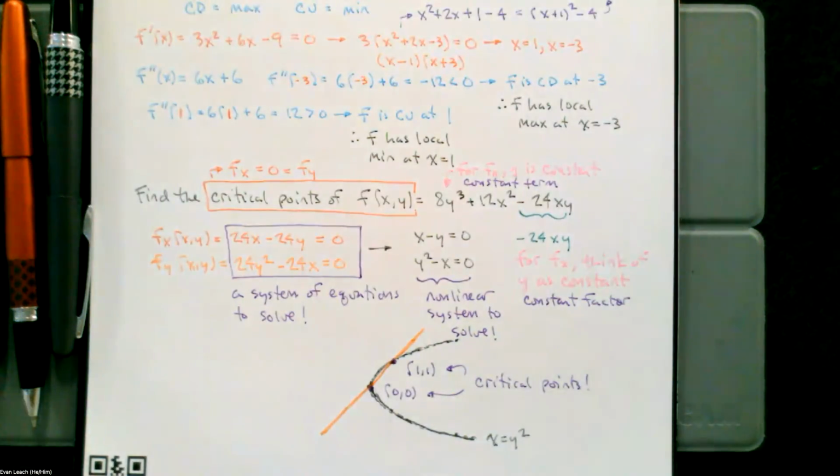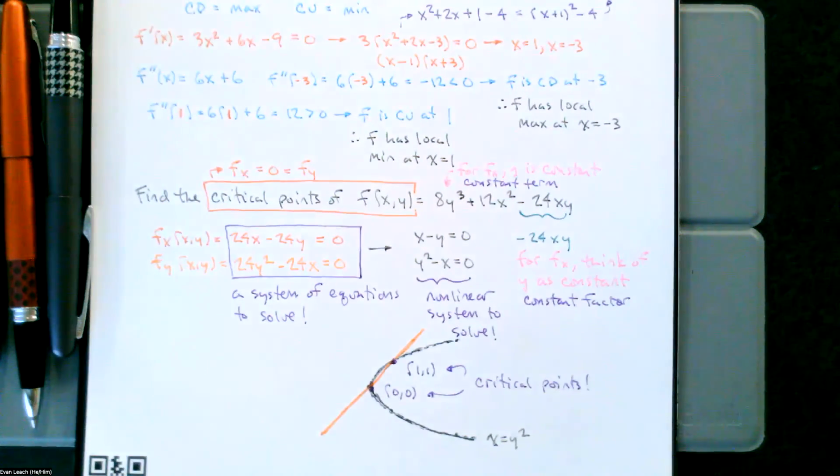But here's the thing that I want you to think about. What we did in the previous problem was use the second derivative to classify each point as a local minimum, a local maximum, or neither. The problem here is that we have multiple second derivatives because each function that I write has two derivatives, fx and fy.